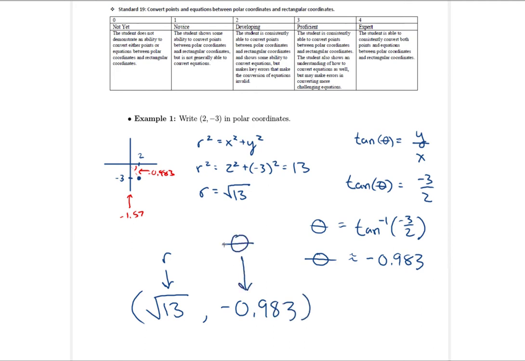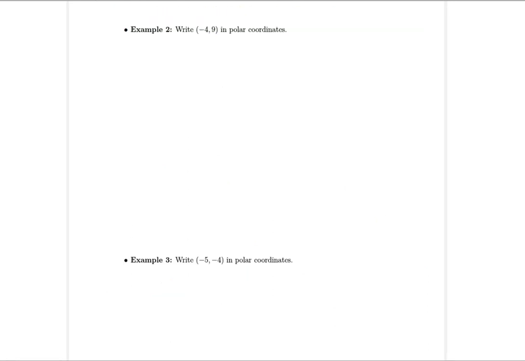All right, let's try another one. Again, I think it's useful to start by just sketching it in rectangular coordinates, to give our brains an idea of what we're looking for. So (-4, 9) is the point we're looking for. We'll start with our r. r squared should be -4 squared plus 9 squared.